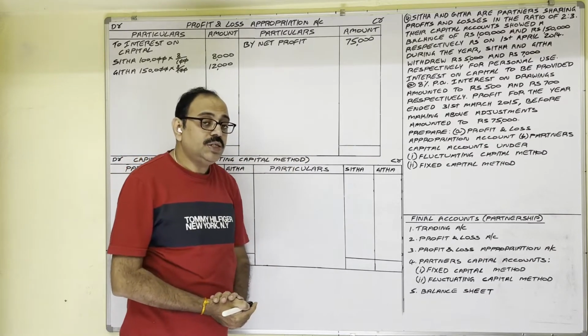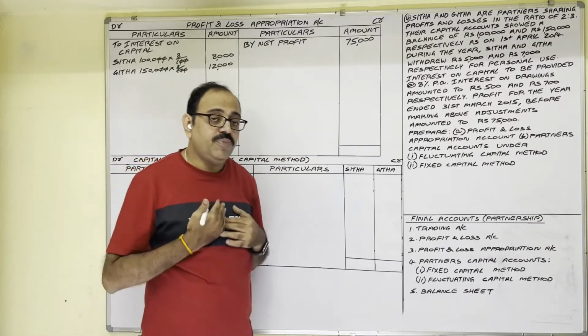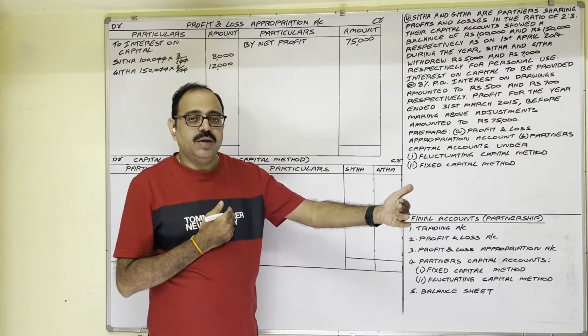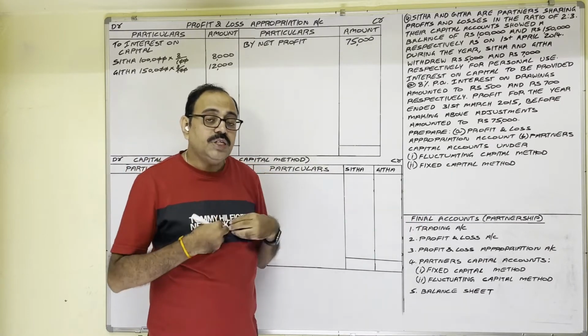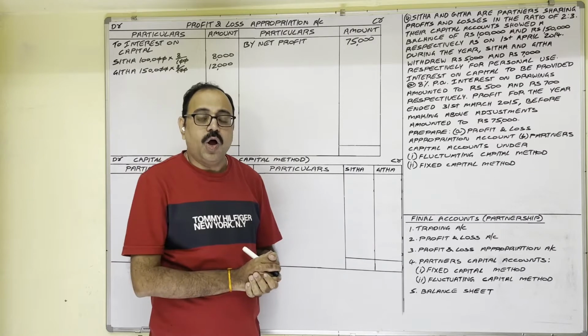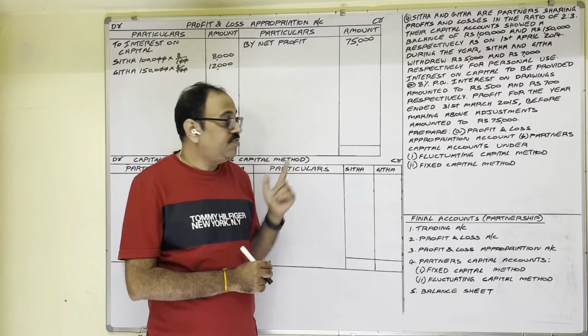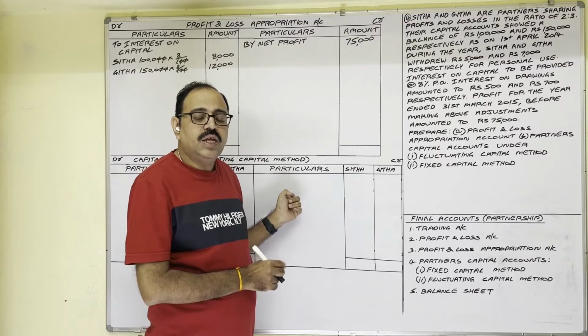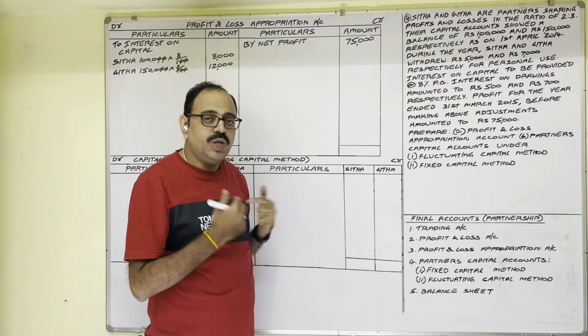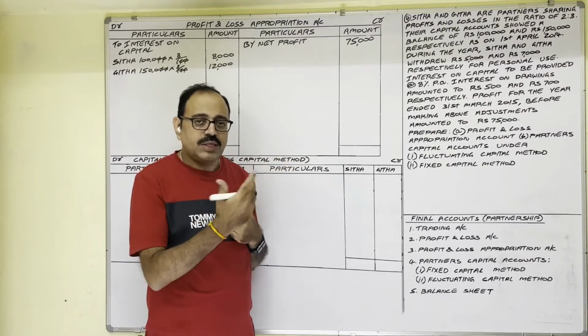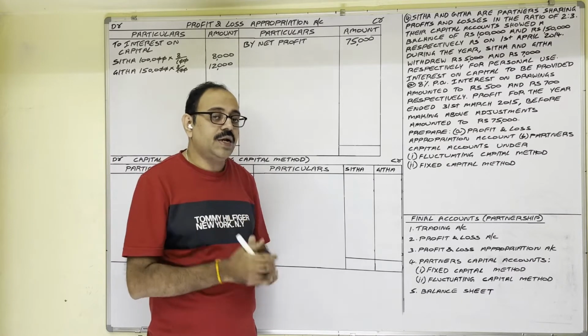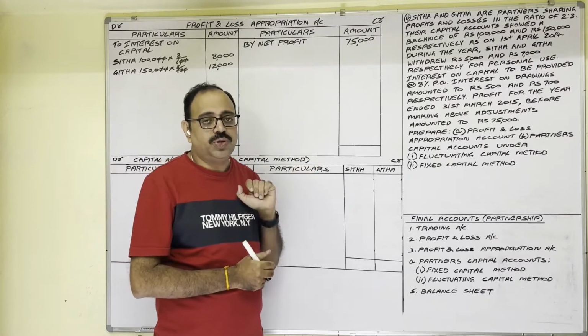Interest on drawings means the partners are taking money from the firm, so the firm is giving them a loan. On that, partners have to pay interest to the firm. In the firm's books we are preparing this from the firm's point of view. To the firm, interest on drawings is income. Partner-related income means we should show it on the credit side.